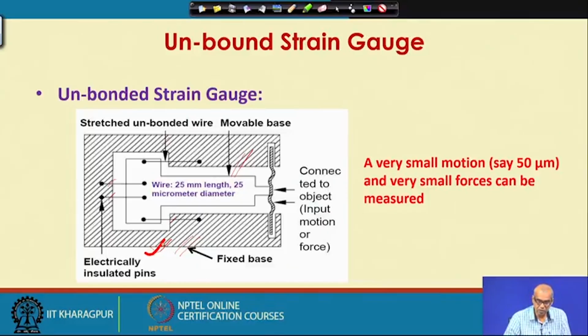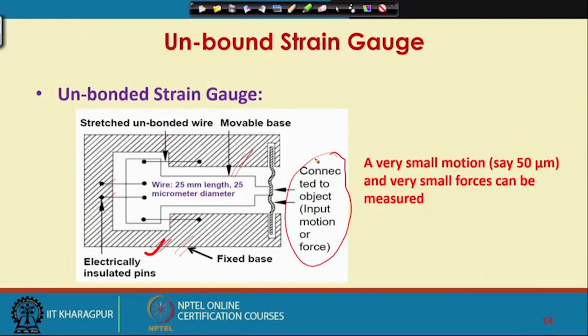Under these circumstances, the Wheatstone bridge will be balanced. So, there will not be any output voltage from the Wheatstone bridge. Now, let us say this part I connect to the object whose strain has to be measured.